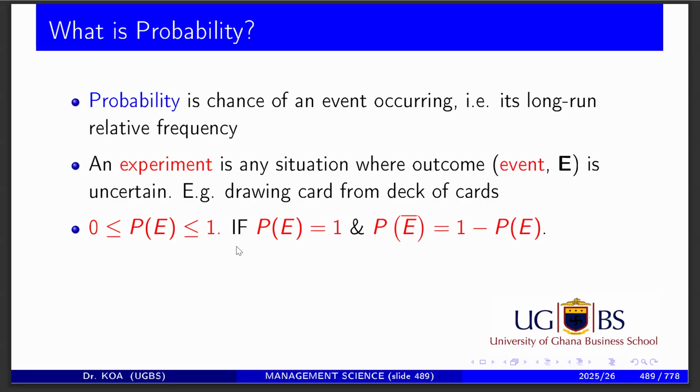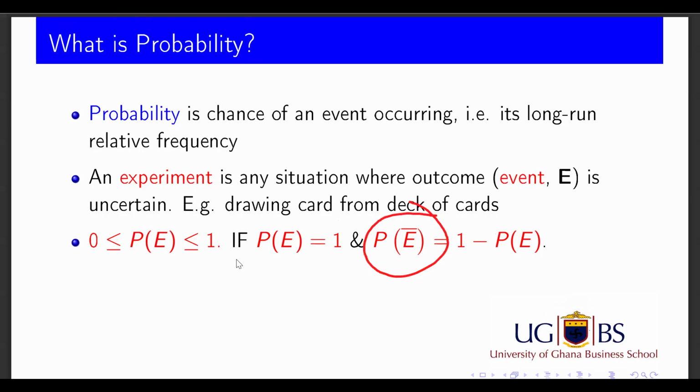The likelihood of the event happening plus the likelihood of the event not happening is 1. The likelihood of the event not happening is written as P(E bar), and the likelihood of the event happening is P(E). The two together will give you 1.